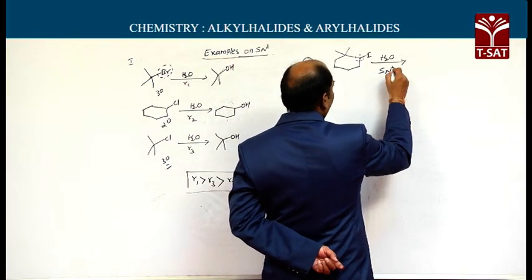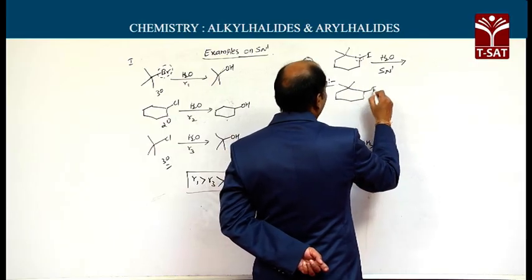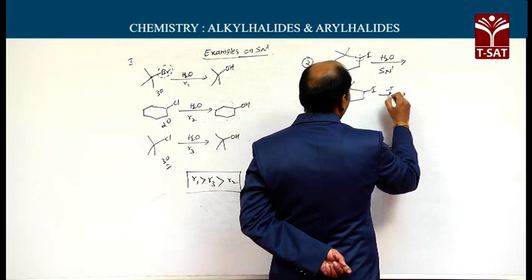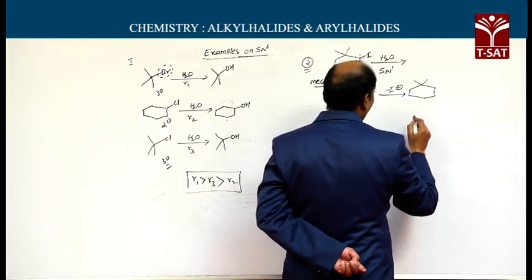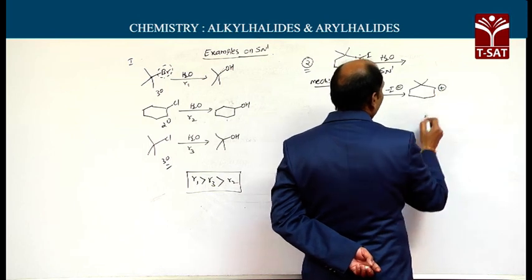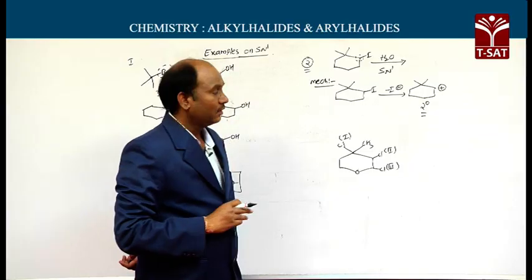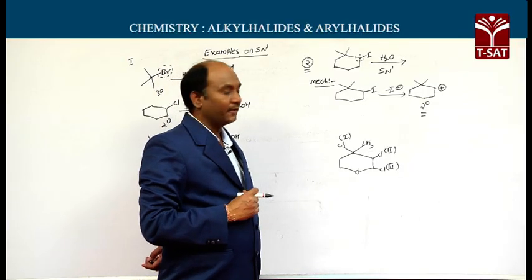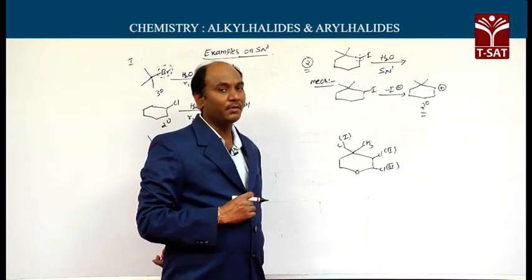In SN1 reaction, what happens? This is methyl, this is iodide, and loss of I minus takes place. So we get a cyclohexyl carbocation. This is a secondary carbocation. Already we have discussed that if any carbocation is formed, there may be rearrangement.